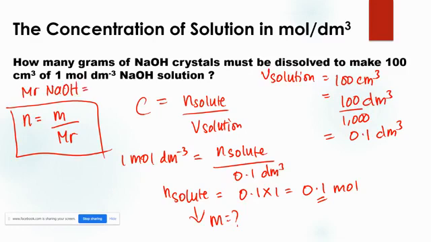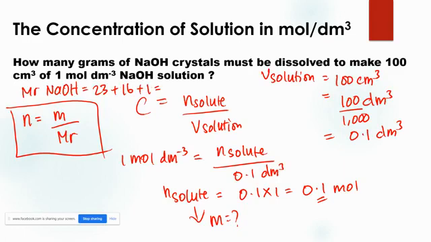You can find the MR of sodium hydroxide by adding all of the AR values of elements multiplied by number of atoms. You can find the AR values of elements from the periodic table. In this case, the AR value of sodium is 23, the AR value of oxygen is 16, and the AR value of hydrogen atom is 1.